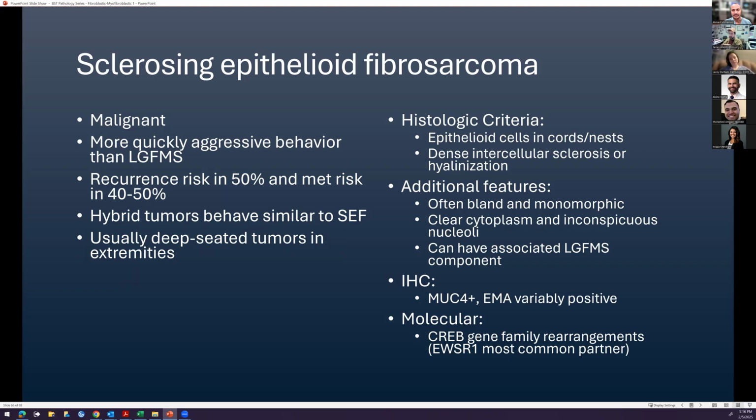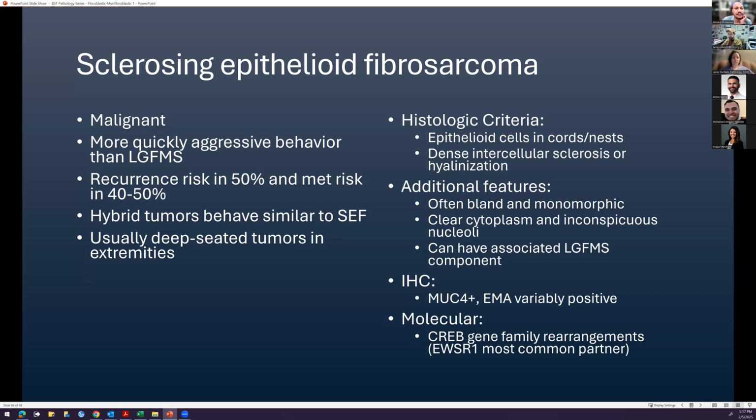So they have more quickly aggressive early Mets than low-grade fibromyxoid. So if you have any sort of component of SEF, you should really consider that this is going to be treated more aggressively. The recurrence rate is pretty high, and Mets early on are pretty high as well, right? So 40 to 50%. Even hybrid tumors that are predominantly low-grade fibromyxoid, if there's an SEF component to it, they tend to behave like SEF, right?